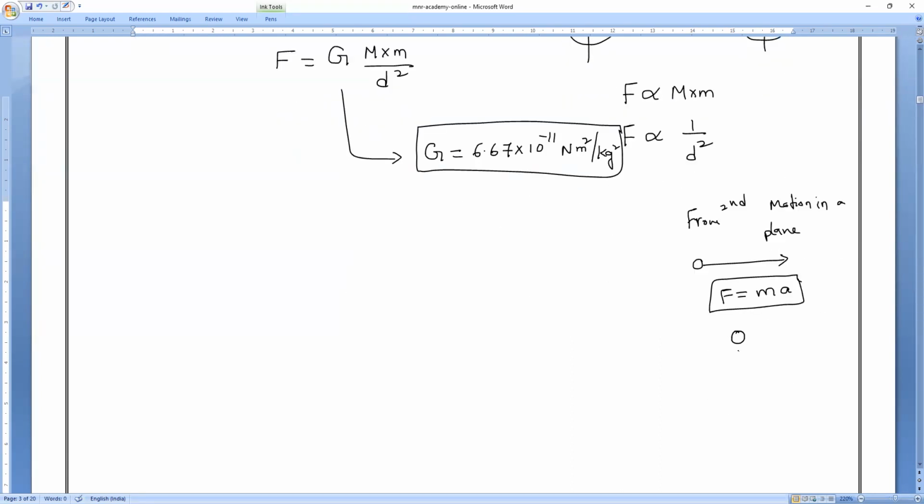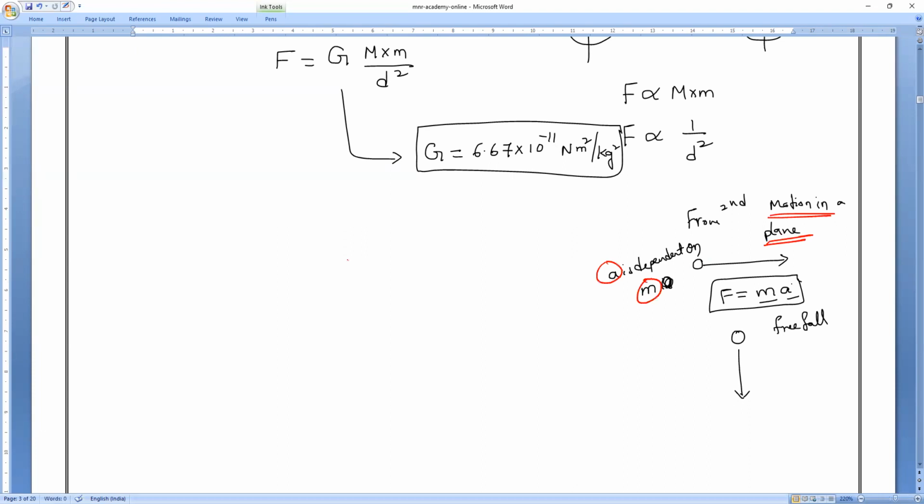If it is vertical motion, that is what we studied as free fall. In the horizontal motion, motion in a plane, mass and acceleration are dependent on each other.